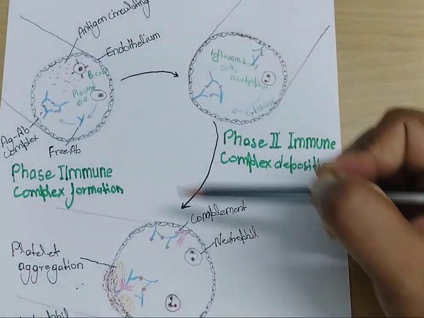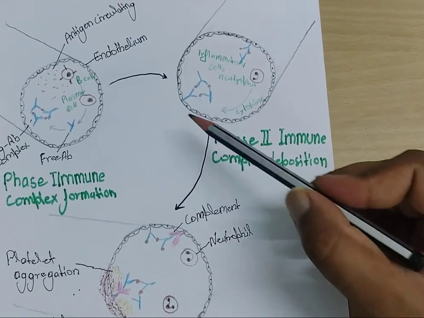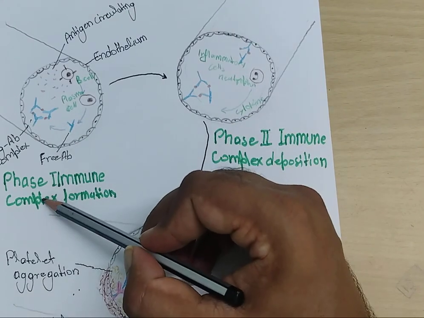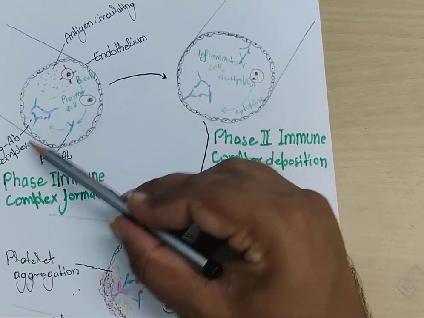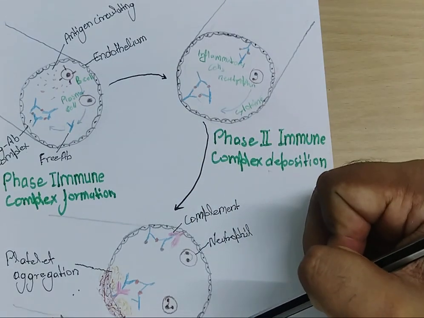This is a pictorial view of the mechanism of type 3 hypersensitivity reaction. This is phase first, this is phase second, and this is phase third.